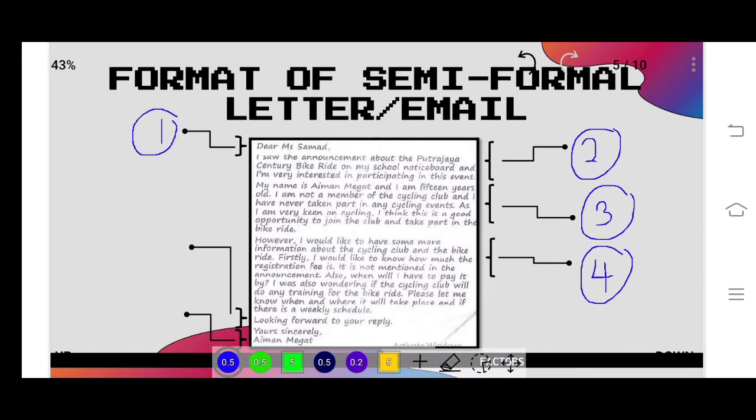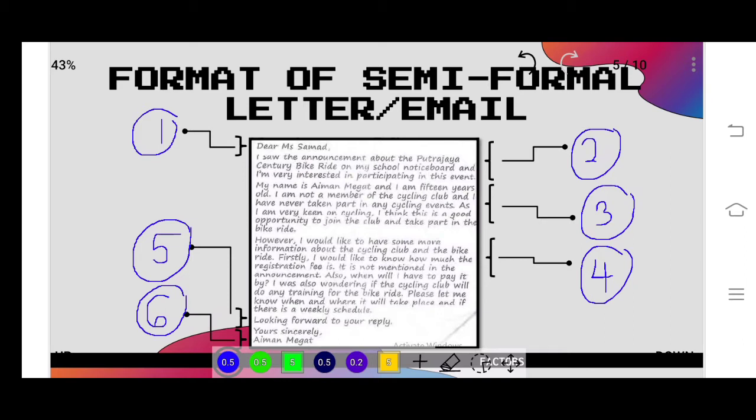What is number 4? Can you guess it? It's okay, after this we take a look. The next one is number 5. What is number 5? Okay, done. Let's move on to the last part. What is number 6? Okay, good.